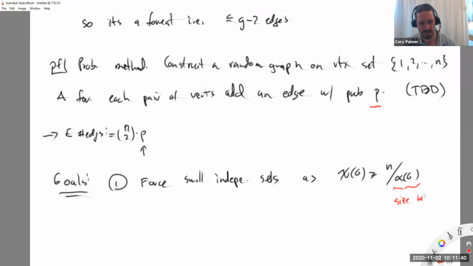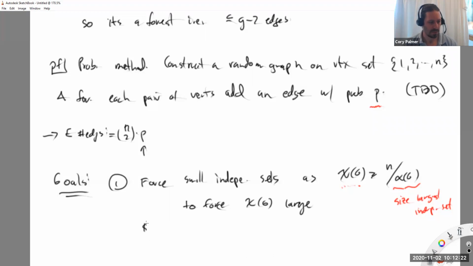If you have a proper coloring, the color classes don't exceed size alpha of G. You can't have more than alpha of G red vertices, or more than alpha of G blue vertices, and so on. So if I force my independent sets to be relatively small, this pushes the lower bound up and forces the chromatic number higher and higher. So I want to keep my independent sets small in order to force chi of G large.